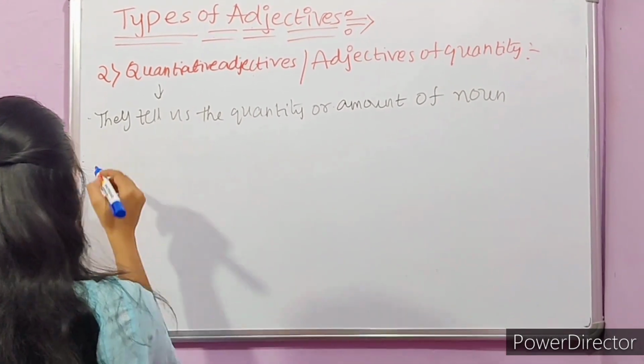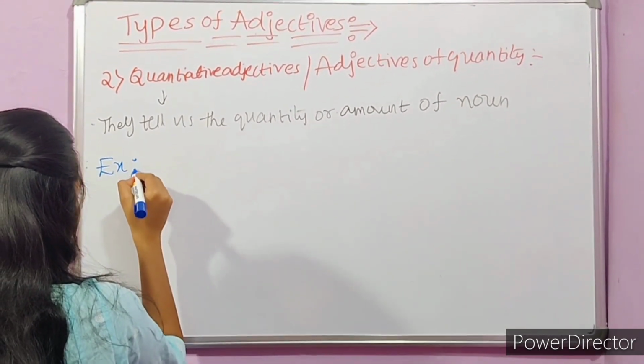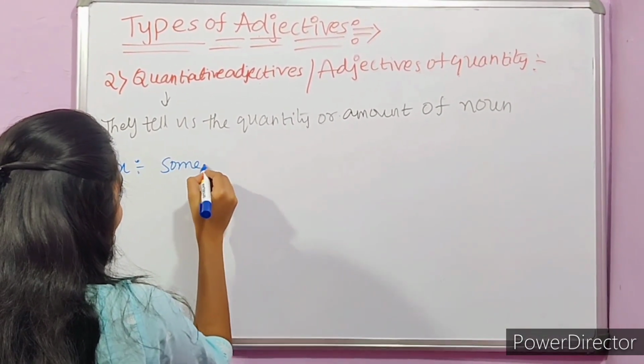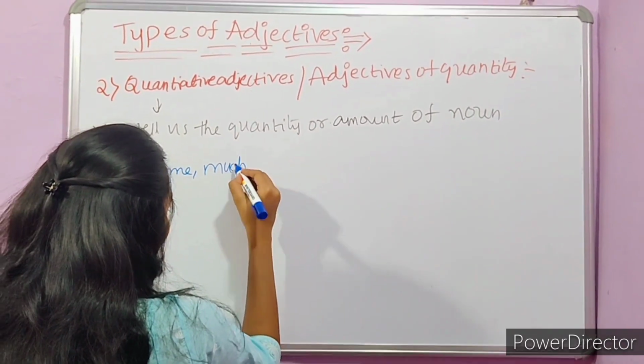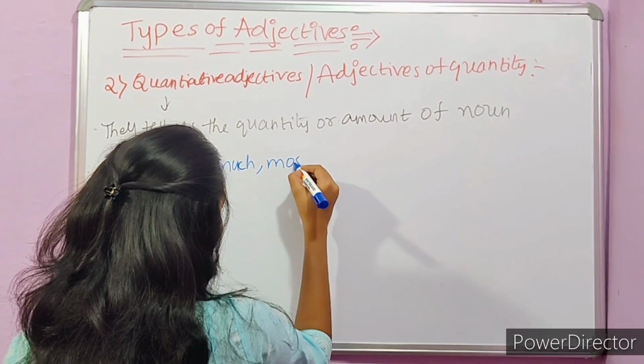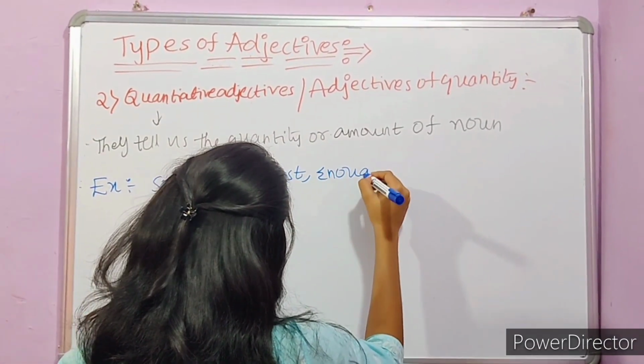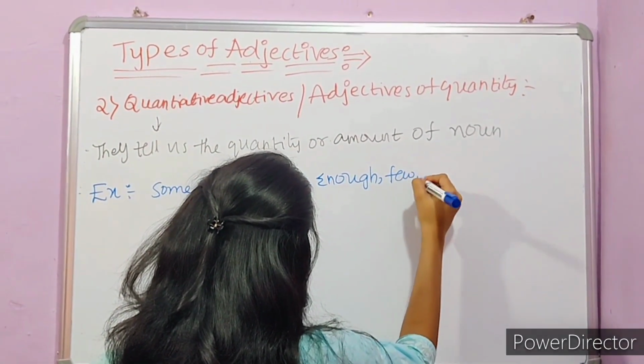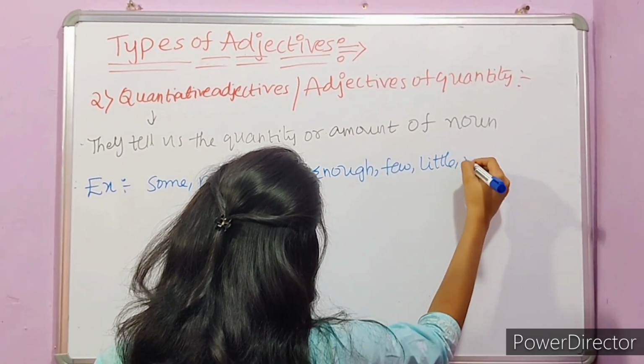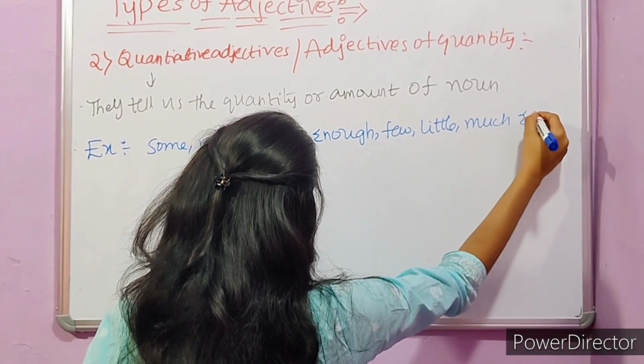Examples of quantitative adjectives are some, much, most, enough, few, little, etc.